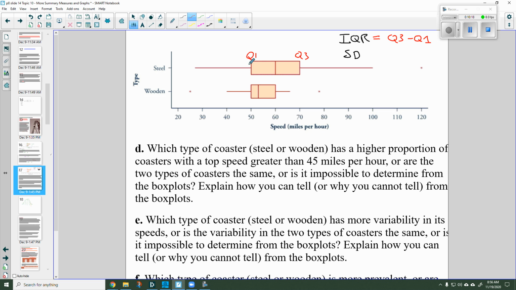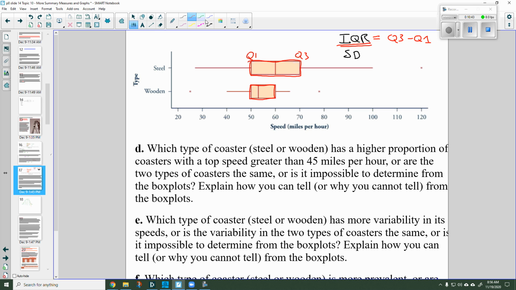The box portion of the box plot is a graphical representation of the IQR. So, which one has more variability? Well, I just have to look and see which box is bigger. And it seems very clear to me that the steel box is bigger, so the steel box has more variability.